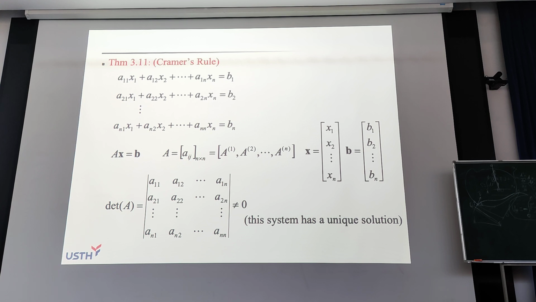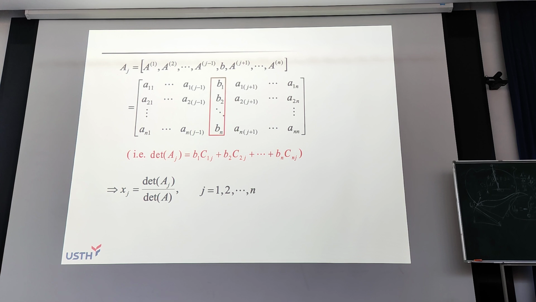But the next slide will show you what the solution is. The solution is here. So first, I take Aj. That is a new matrix obtained by replacing the j-th column of A by the column of the right hand side of the system.